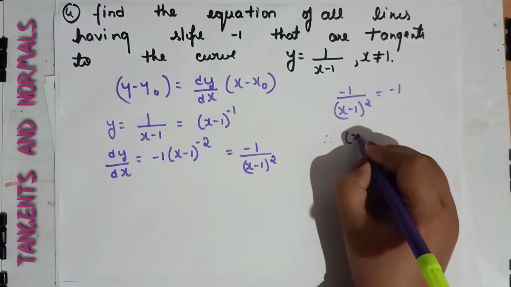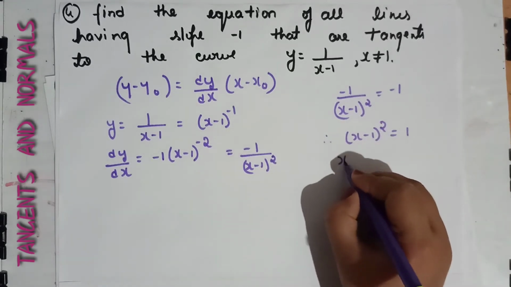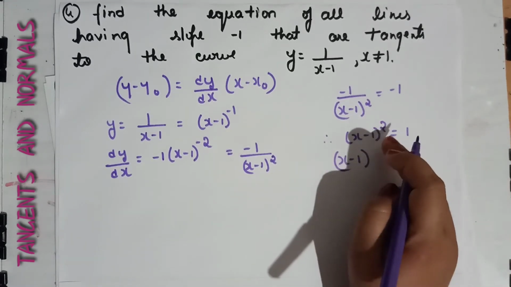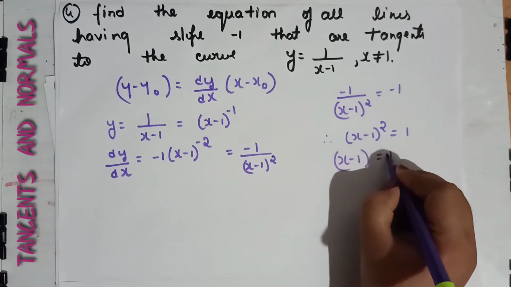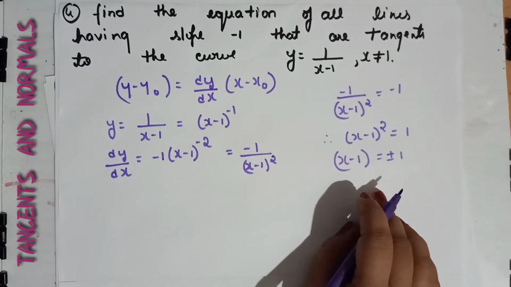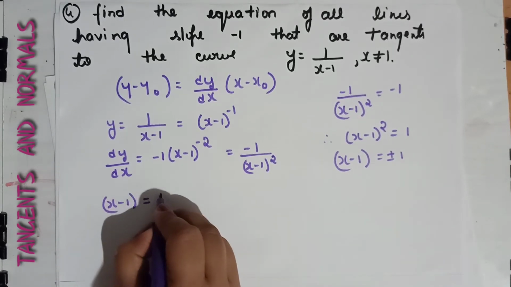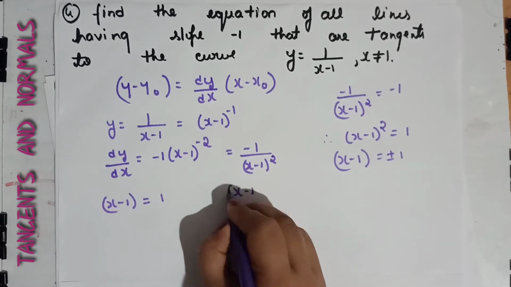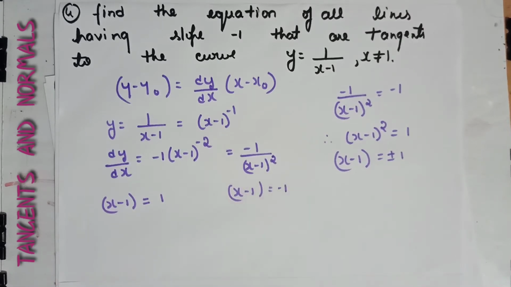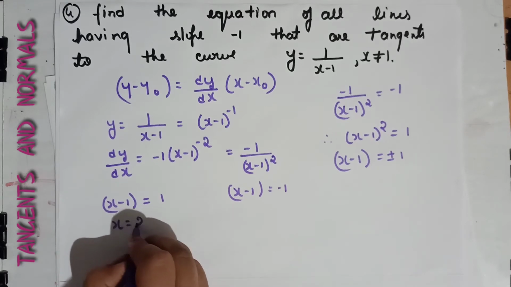Therefore x minus 1 the whole square is equal to 1. So from this I can say x minus 1 is plus or minus 1. So now find out the values. When x minus 1 is equal to 1, then x is equal to 2.